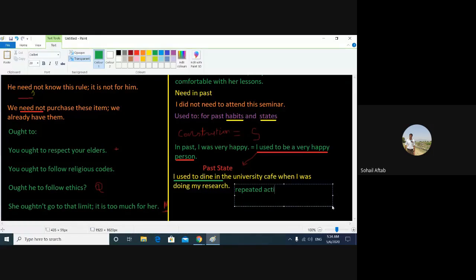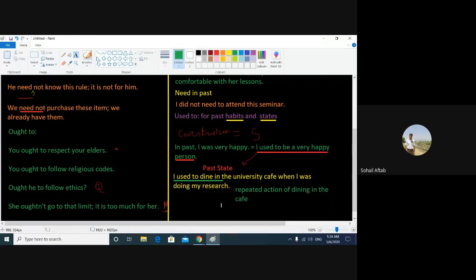Repeated action of dining in the cafe. Dining in the cafe. This is a repeated action, not a state. Okay. So I have given you one example of a past state and one of a repeated action.